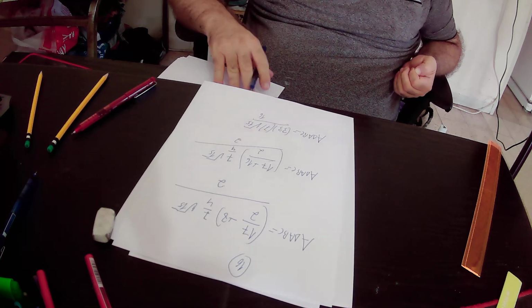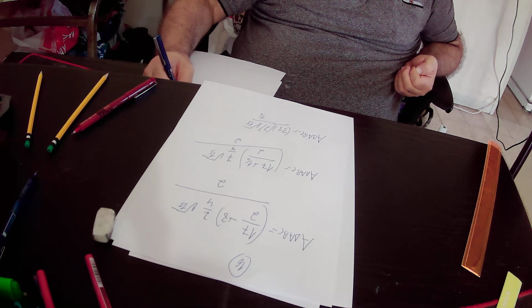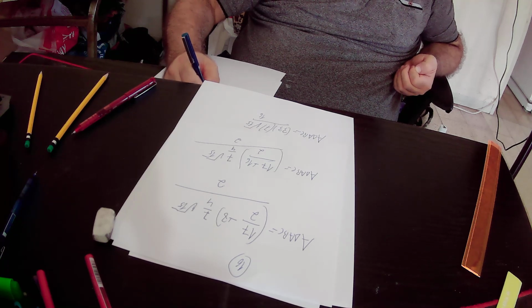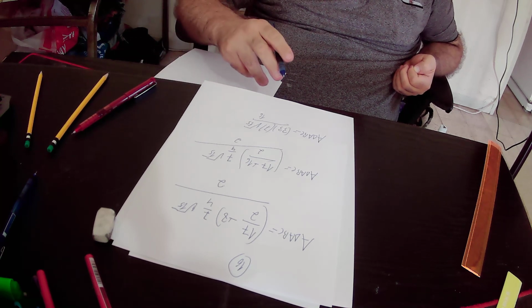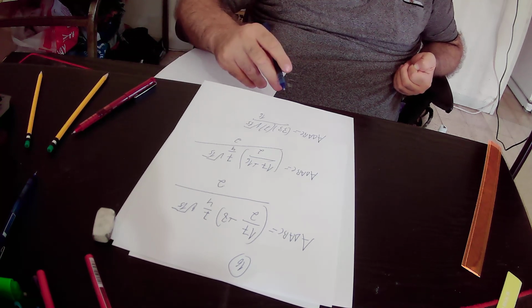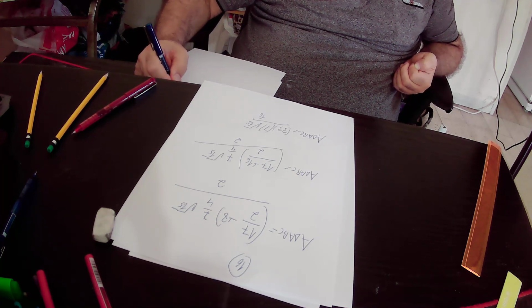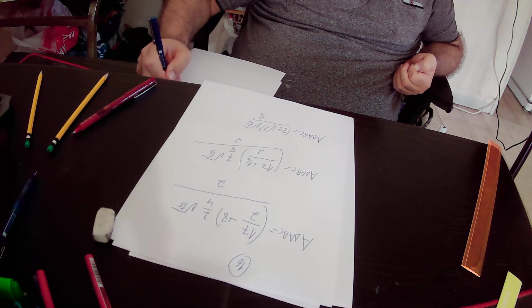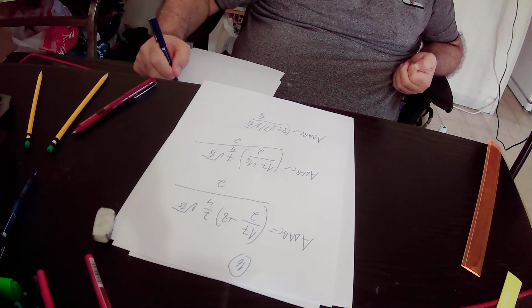So the area of triangle ABC equals 33 times 7 is 231 times root 15 over 16 square units.